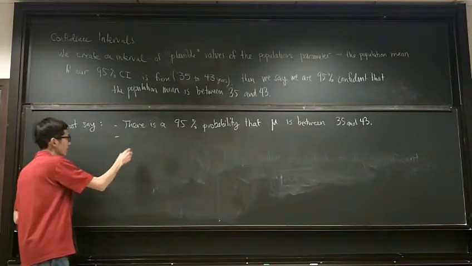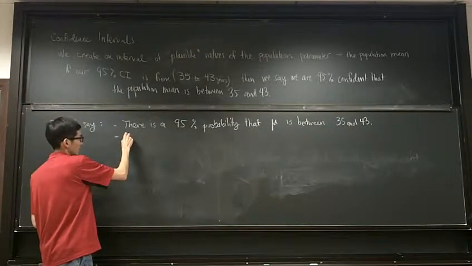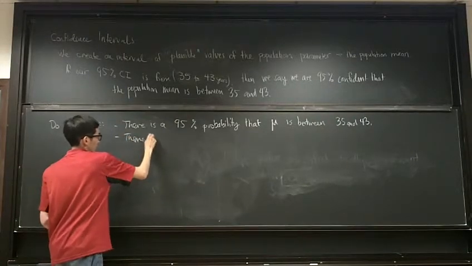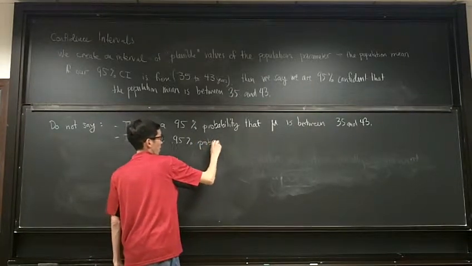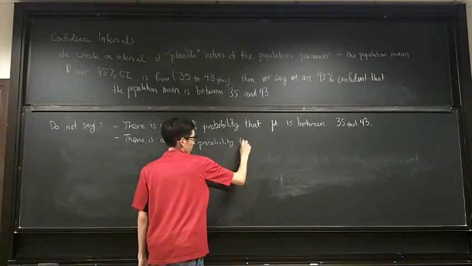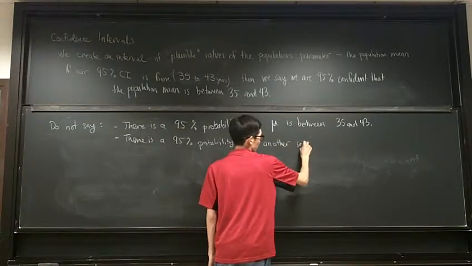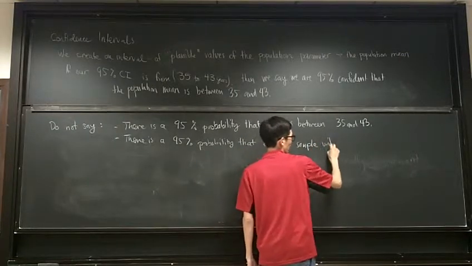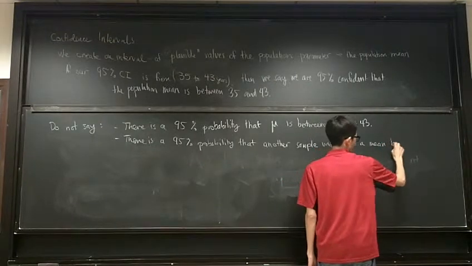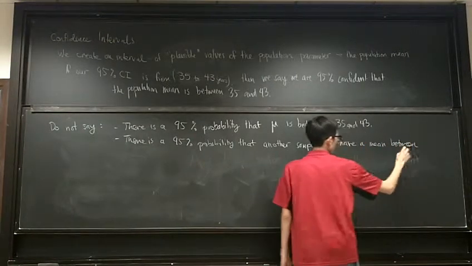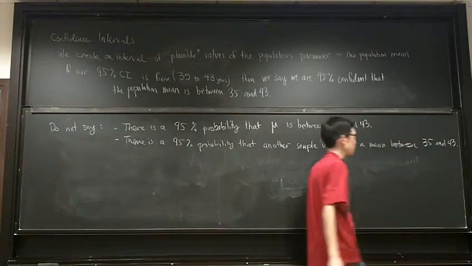Also, do not say there's a 95% probability that another sample mean falls in the interval.